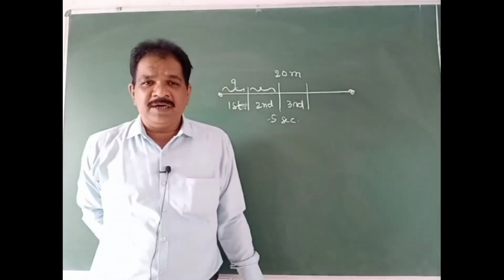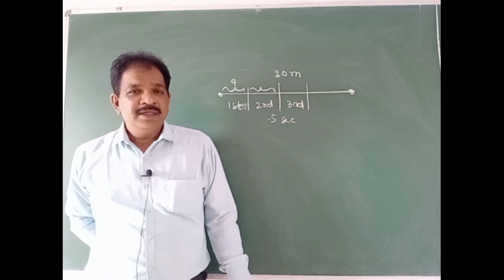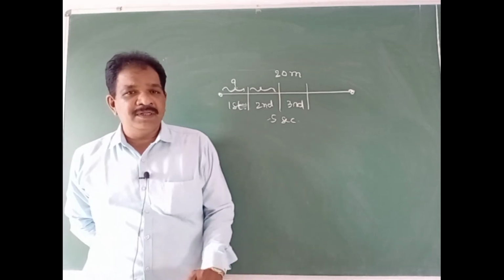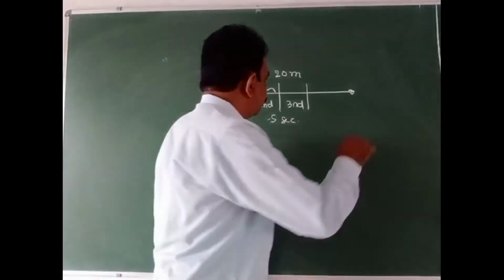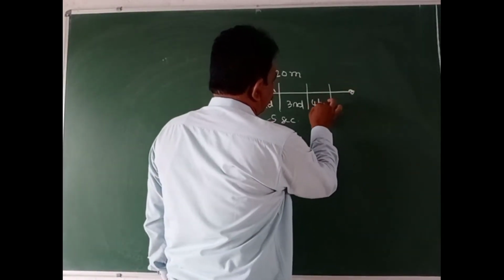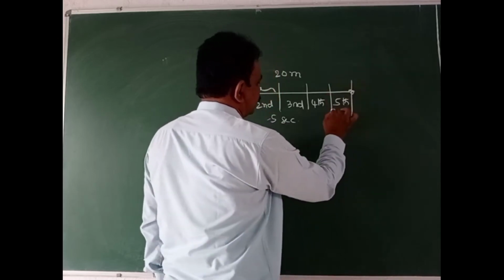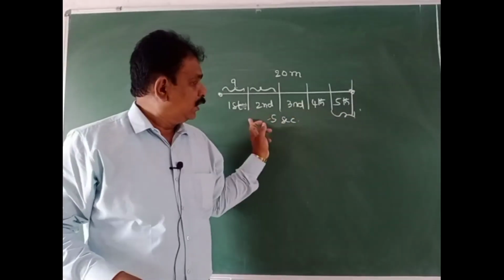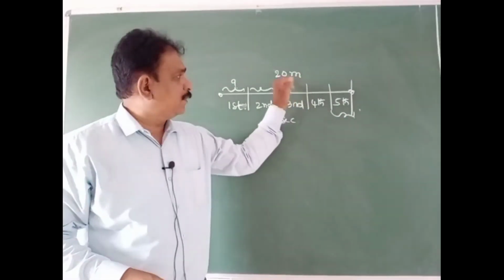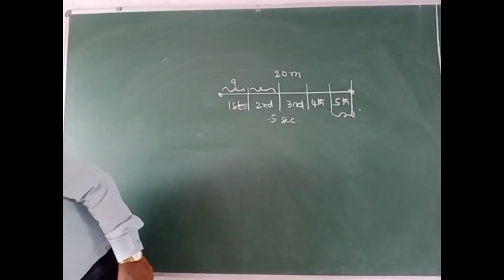If anybody asks like that, then you have to use the formula Sn = u + a into (n minus half). There is a lot of difference between the 5th second and 5 seconds. The 5th second means only this much displacement. In 5 seconds, the displacement is 20 meters. Like that we have to do.